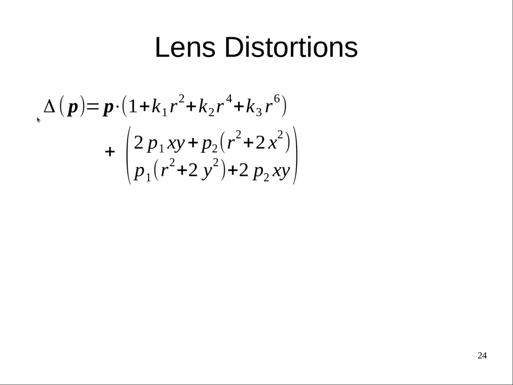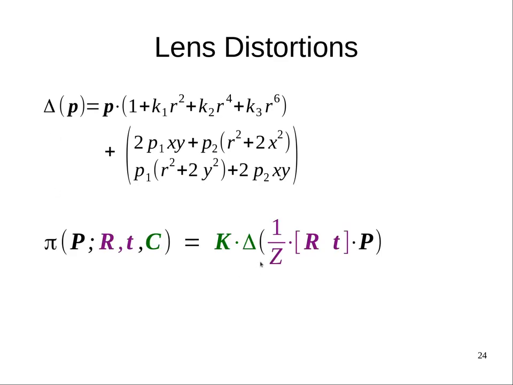So now that we have modeled the lens, we need to attach it to the pinhole camera we described before. And we do it like this. This part is the same like before, it describes the mapping from a world point to the camera space, and also includes the Z division, and only now we apply the lens distortion.